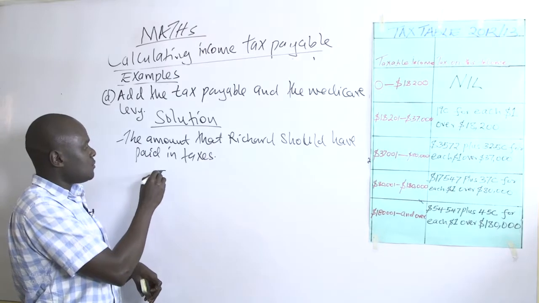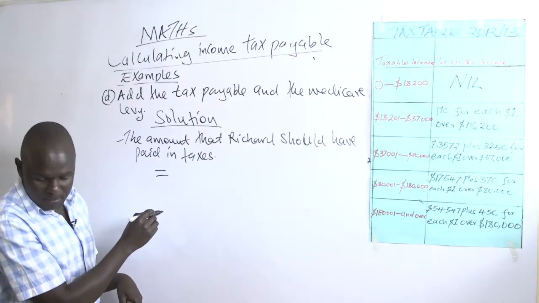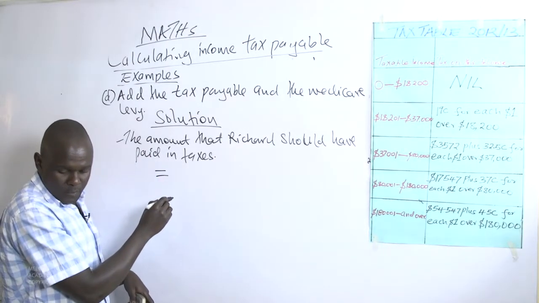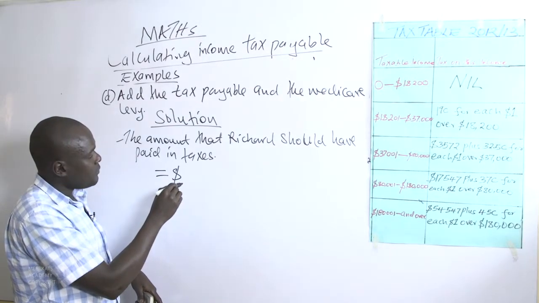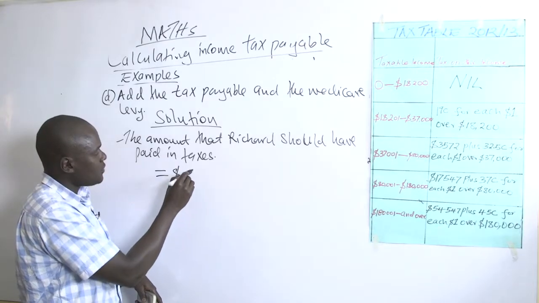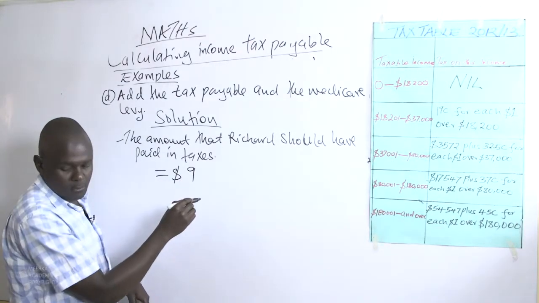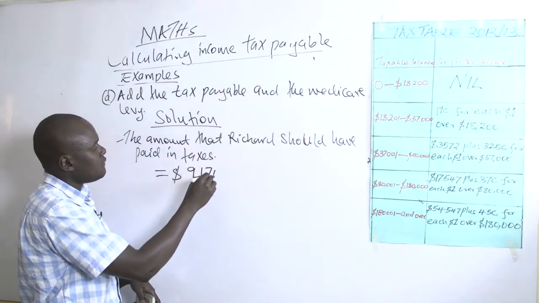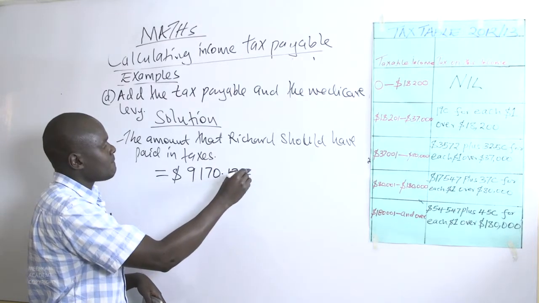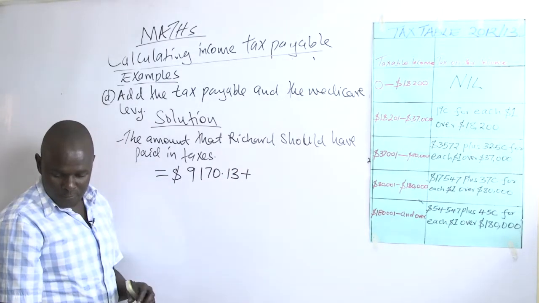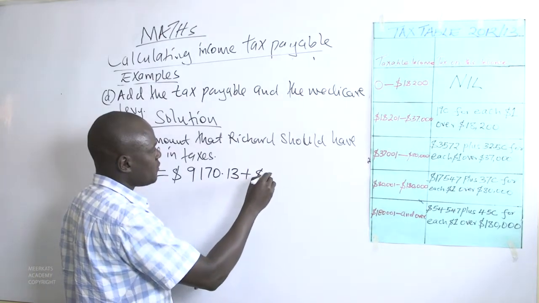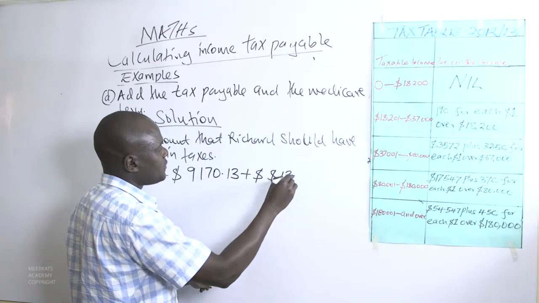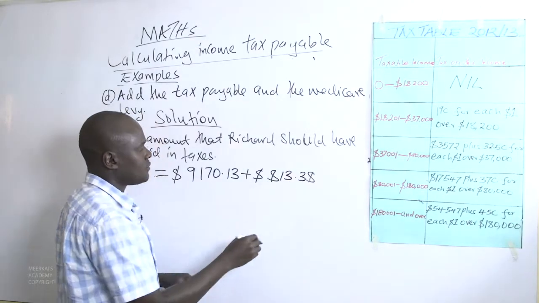And this is basically the sum where we have the tax payable was $9,170.13, while the Medicare levy is $813.38.